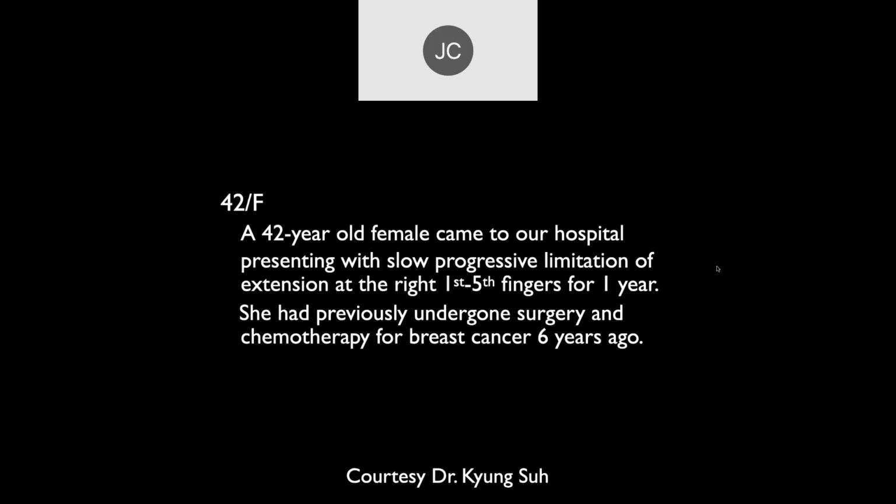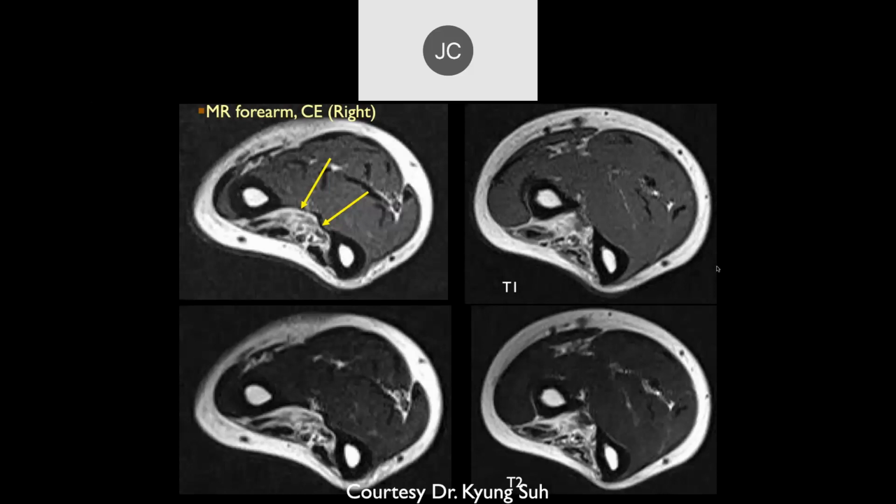Okay. 42-year-old female, slow progressive limitation of extension, first through fifth fingers on the right for a year. Previously underwent surgery and chemo for breast cancer. All right, so it looks like we have marked atrophy of the extensor muscles.